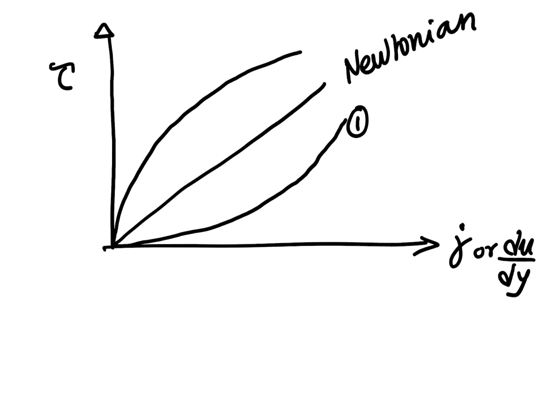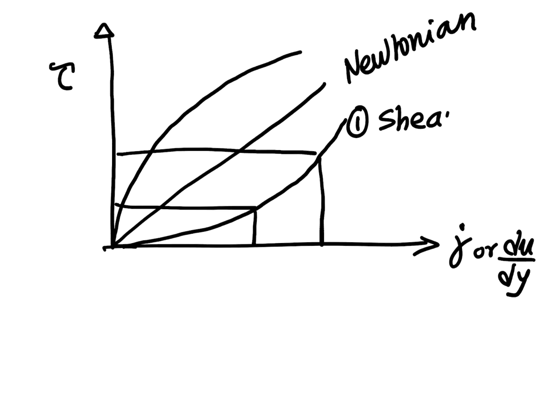Now, if you look at this number 1, what do you infer? As you increase the strain rate, the amount of shear stress increases less slowly. That is, if you take this versus this, okay, to produce more and more shear stress, you need to produce higher and higher strain rate.